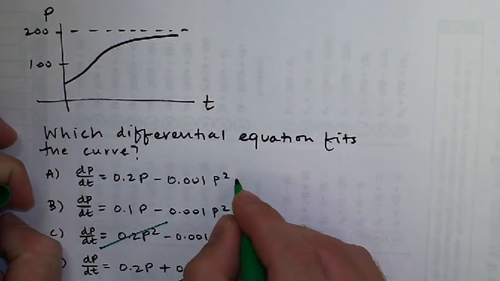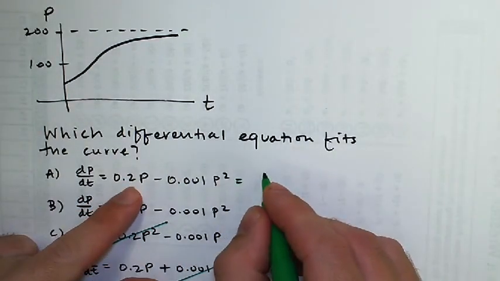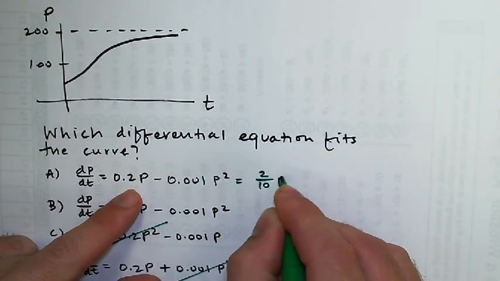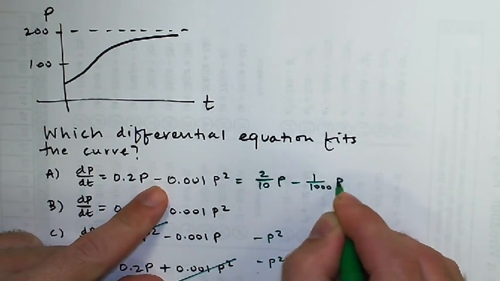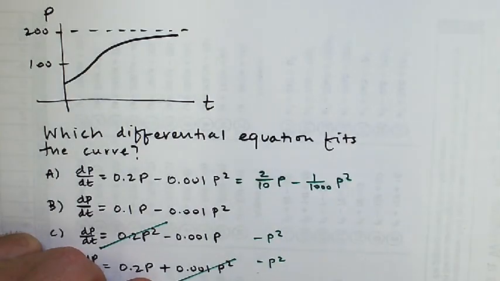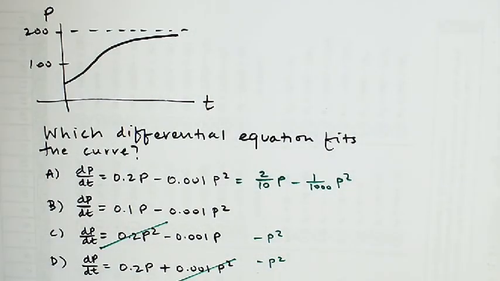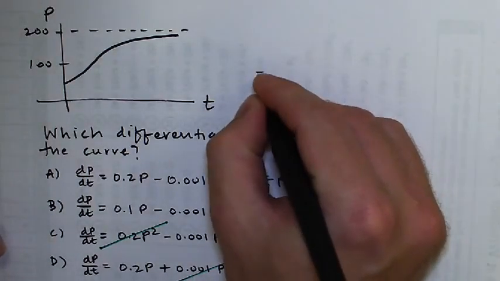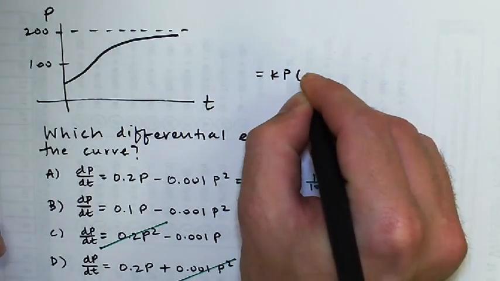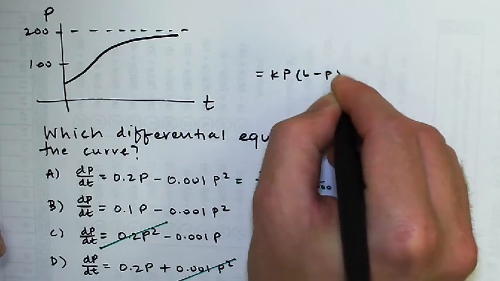That's exactly what I'm going to do. So I'm going to say that this is equal to 2/10 of p minus 1/1000th of p squared. And then what I need to do is get it to be equals number times p times L minus p.